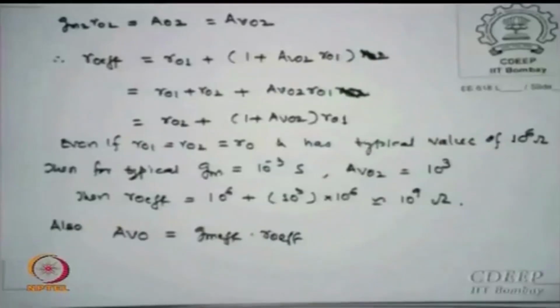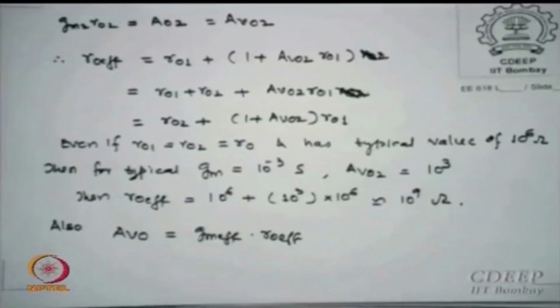Gm effective is same as Gm1, but Ro effective is gain times the Ro is now pushed there. One of the stage gain AV2 into Ro is boosting the gain Ro, and therefore the gain equally gets boosted.